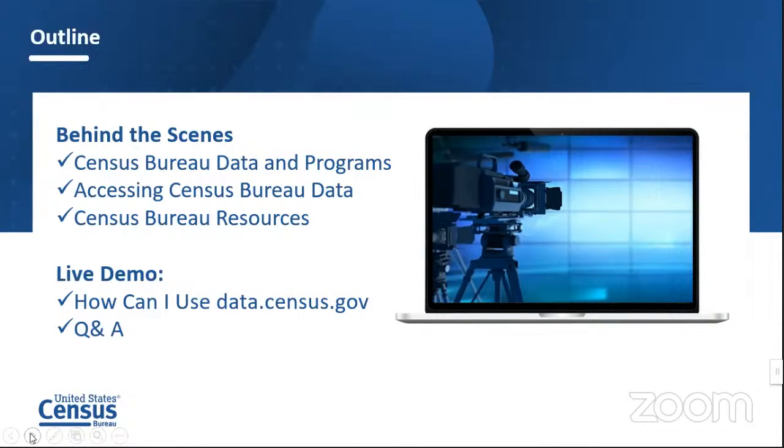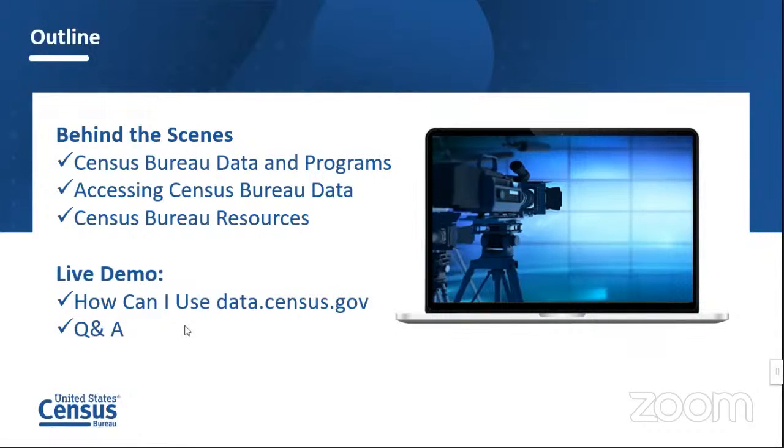Giving you a little overview on accessing the data using our data tools, and then also leave you with a couple of resources that you can go back to and read up more on the data that you are working with. So the live demo is going to be on data.census.gov.